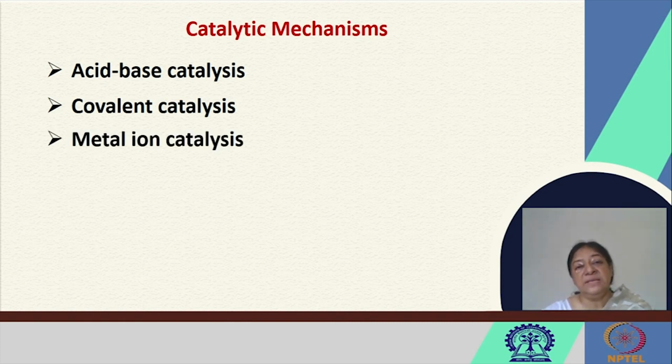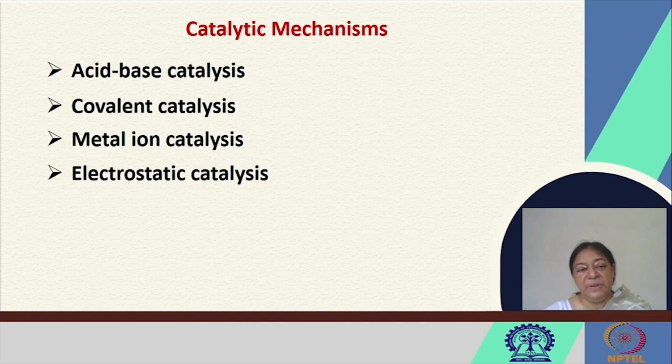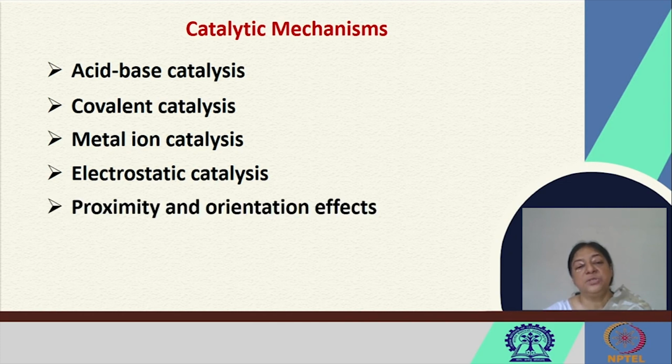Then the metal ion catalysis, where we looked at several examples and had an idea of which metals are actually involved in the catalysis and the roles that they can play. The electrostatic catalysis, that involves the electrostatic interactions in mostly all the cases where we have an interaction between the specific residues involved in catalytic reactions, the types of residues, and we also looked at the proximity and the orientation effects.